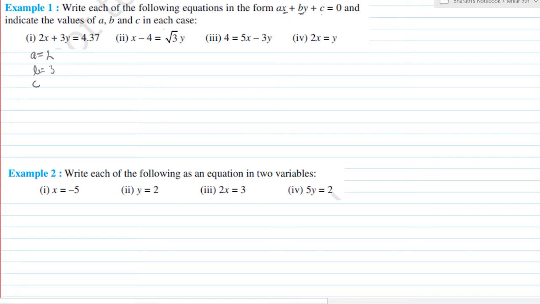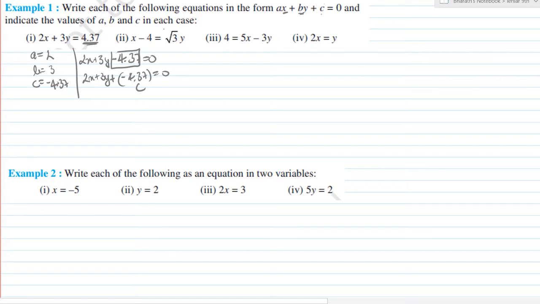And our constant c, if this term comes to our LHS, it becomes 2x plus 3y minus 4.37 is equal to 0, right? So what's our c value? We can also write it as 2x plus 3y plus (minus 4.37), right? So c is equal to minus 4.37. Okay.